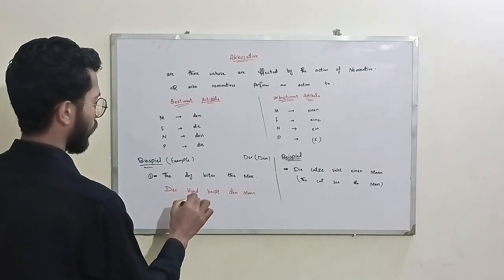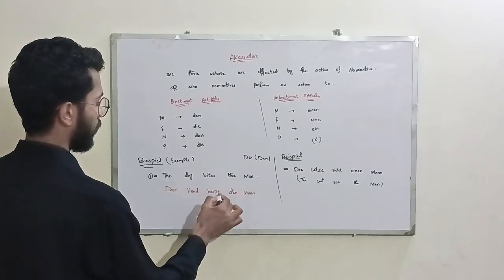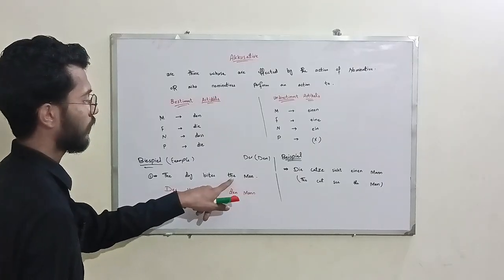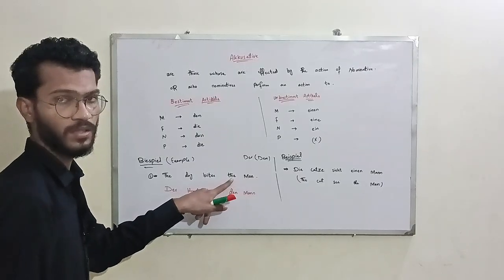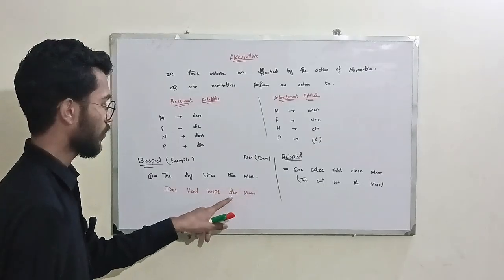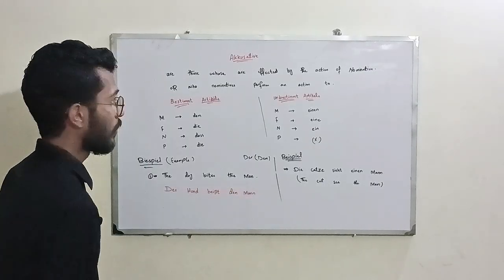Der Hund, the dog, is masculine, so we use the article der. Der Hund beißt den Mann. The article of the man, der, changes to den because the action is performed on the man. So we use the article den Mann.